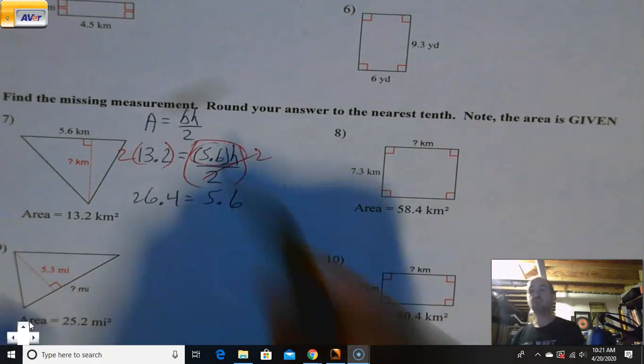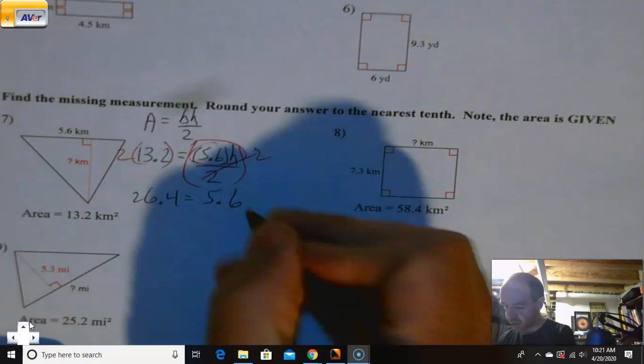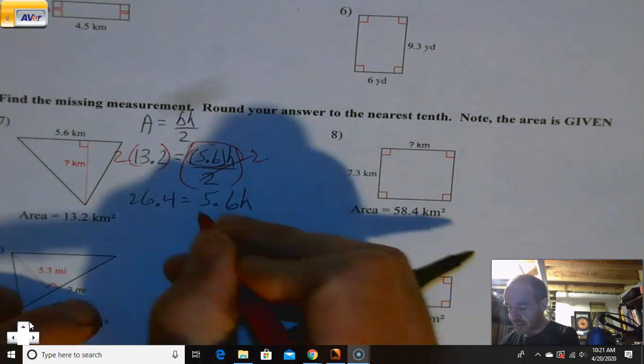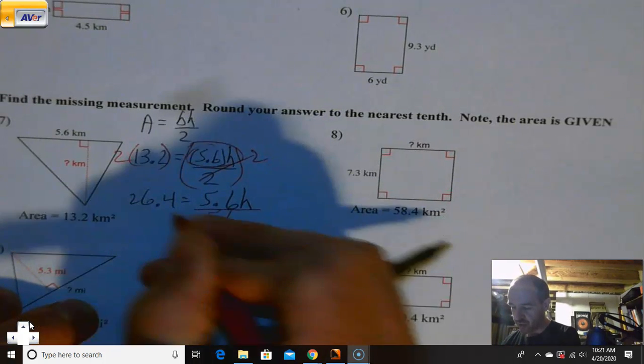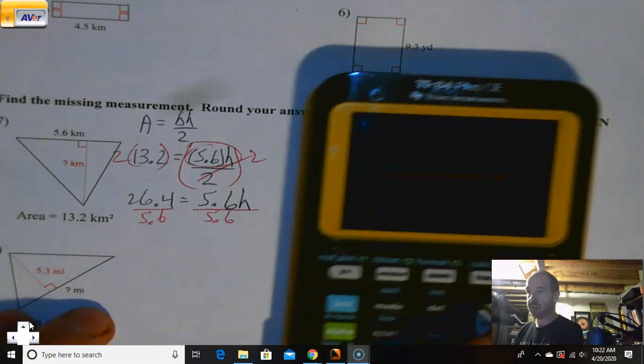On this side, the 2 just cancels the 2. It does not mean that I multiply the 2 times 5.6. The right side is just the canceling. Oh, I lost my h, that would be kind of important. And then my last step, since I'm trying to get h alone and I'm multiplying by 5.6, would be to divide by 5.6.